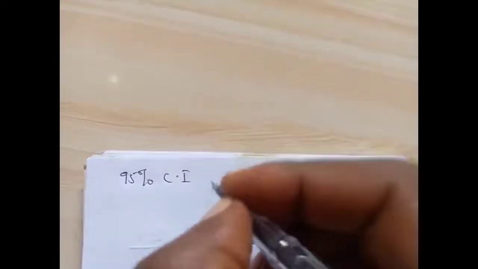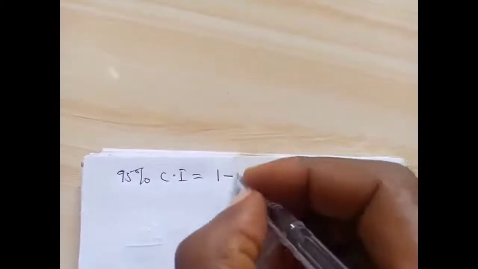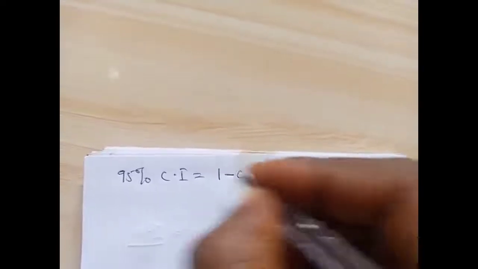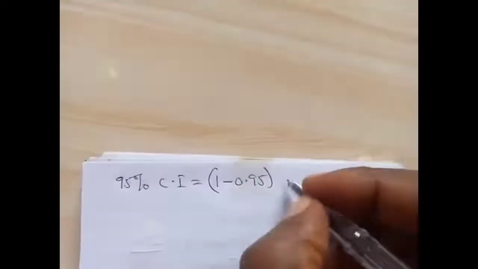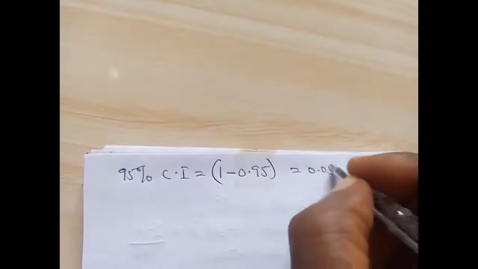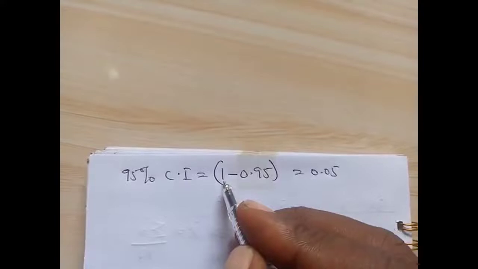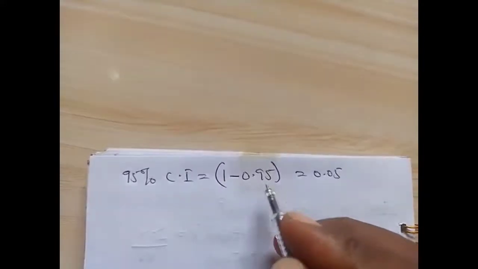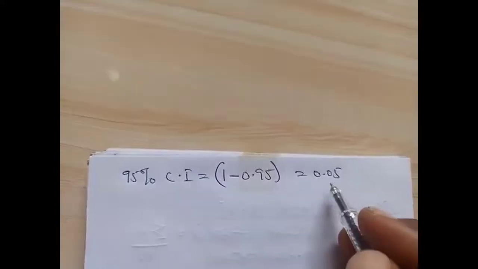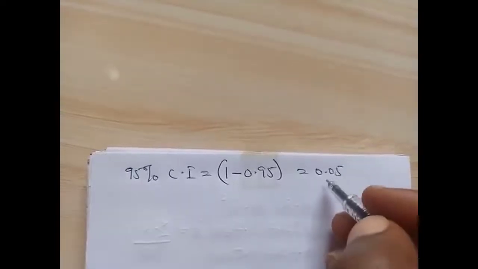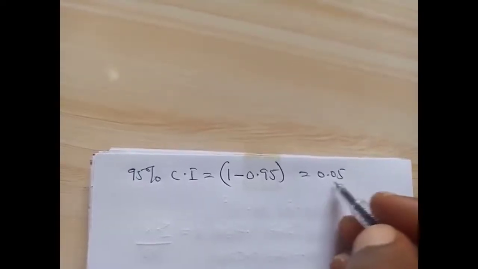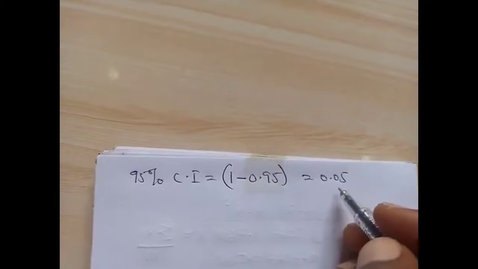Now remember that we were asked to get the 95% confidence interval. For us to get that, it is 1 minus 95%, that's the formula for the significance level, which is 0.05. Another way you can do that is 100 minus 95, it will still give you that in percentage. If you convert 5% it will give you 0.05.